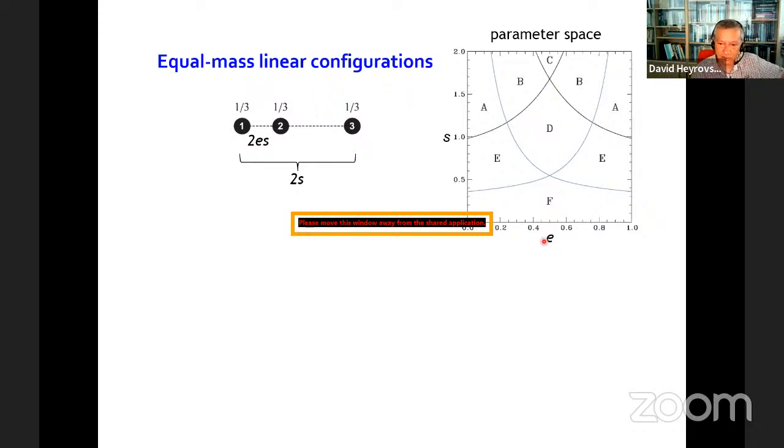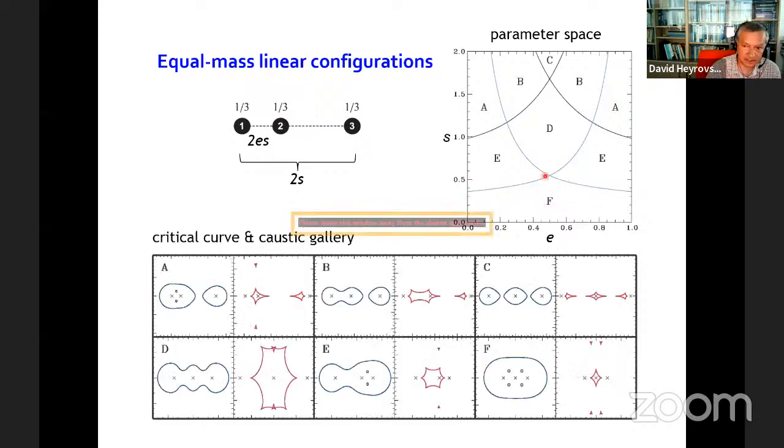Although we have special configurations like here in the middle, where you have only 2 different transitions, for example. And in principle, the parameter space here is divided into 1, 2, 3, 4, 5, 6 different zones where you can take a sample from each of them, and this gives you the different critical curves and caustics that are accessible or possible for such a lens configuration.